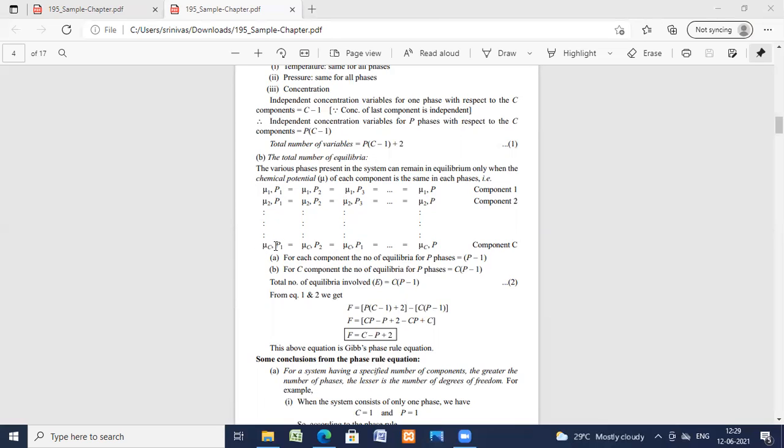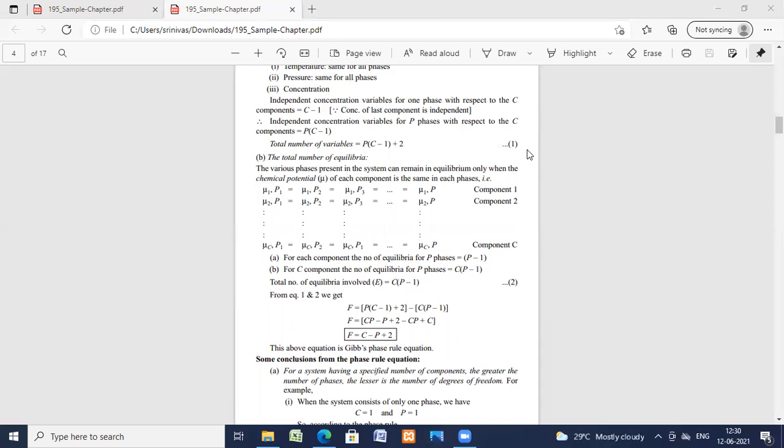Similarly for component C. For each component in equilibrium across P phases, the number of equilibria is P minus 1. For C components, the number of equilibria for P phases is C into P minus 1. So the total number of equilibria involved, E, is equal to C into P minus 1. Call this equation 2.